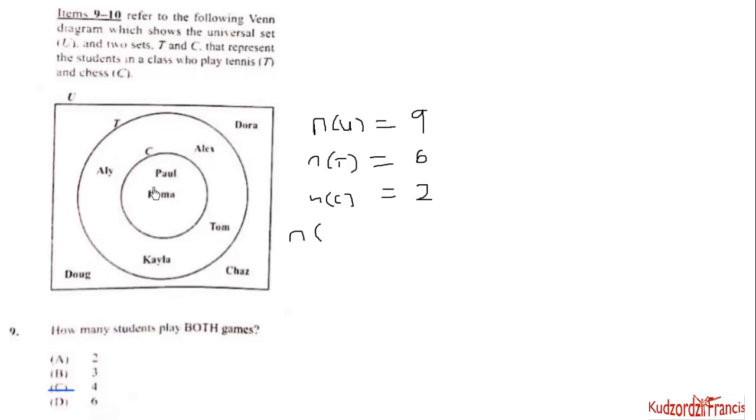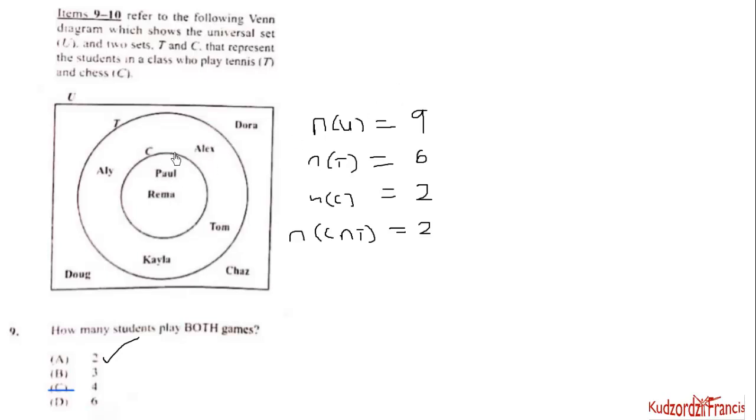Paul and Rema play chess, and Paul and Rema play rugby also. So those who play chess and tennis will be equal to 2. So the correct choice should be A.